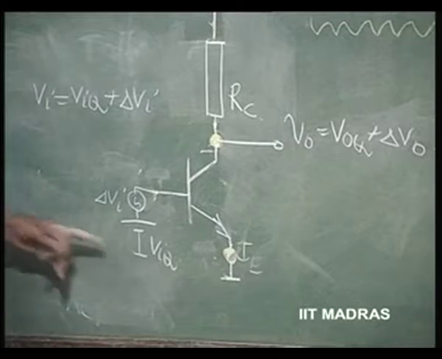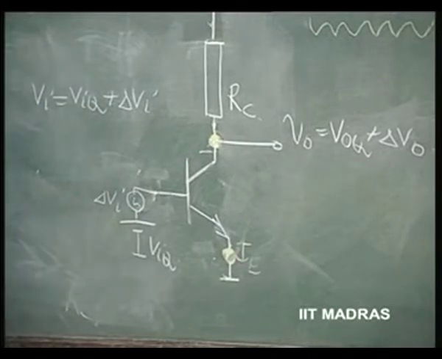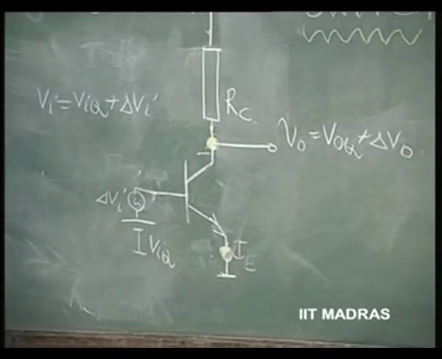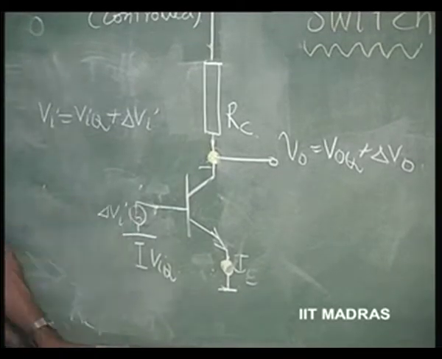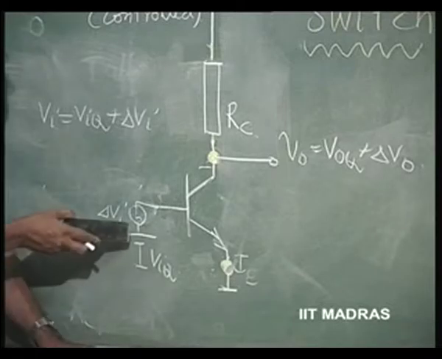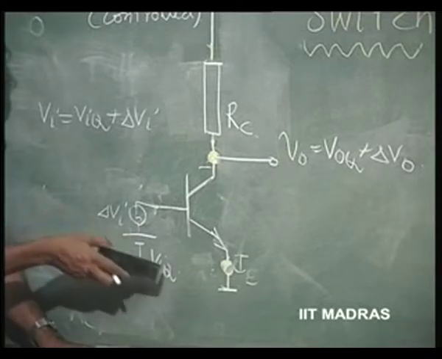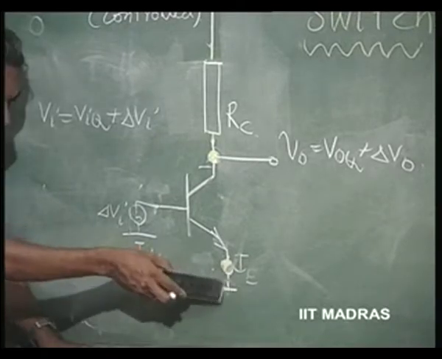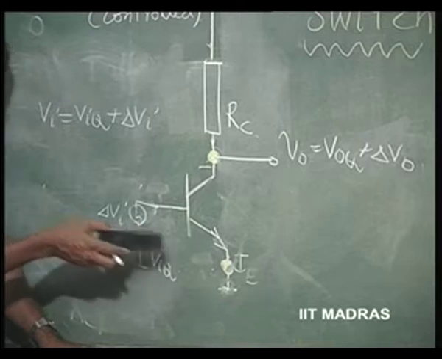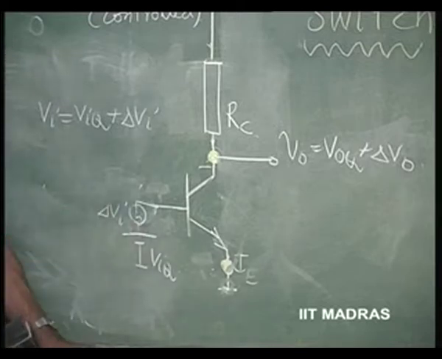Now, we will discuss how this can be done. One way to do it is to put a battery in series with a source, but this source has to come in series with the battery. That means there is no common ground with respect to this point, the emitter. This has no common terminal.